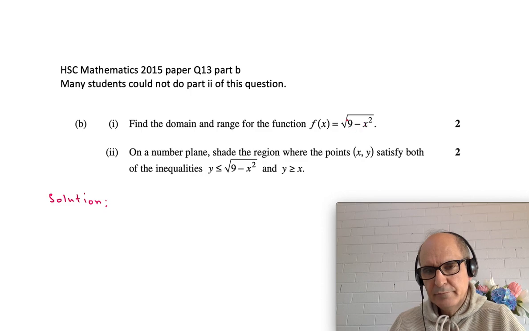We know that for a square root to be meaningful, we need whatever is under the square root to be larger or equal to 0. 9 minus x squared should be larger or equal to 0.